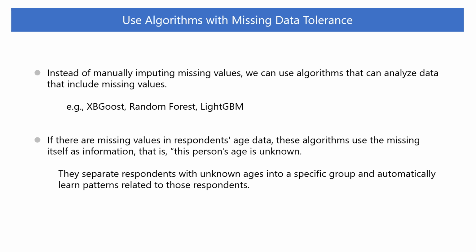That is, this person's age is unknown. Specifically, these algorithms separate respondents with unknown ages into a specific group and automatically learn patterns related to them. By doing so, these algorithms can make better decisions than by ignoring missing values.